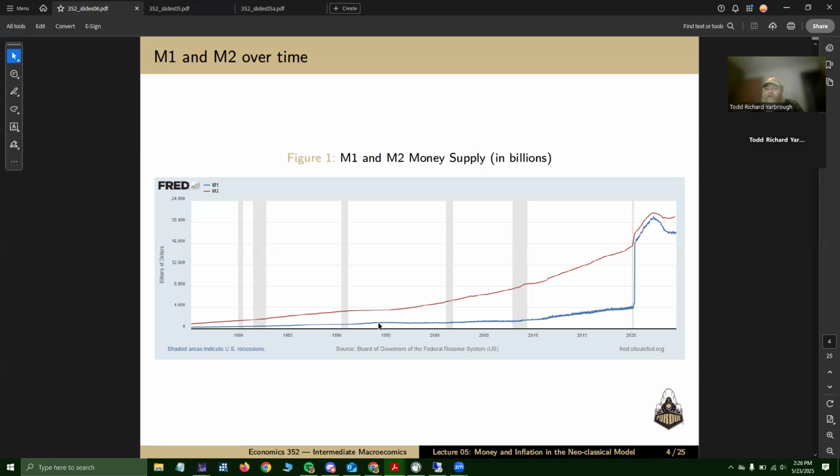Previously, it took a long time to move money from a savings account into a checking account or to get that cash. And so the redefinition of M1 to include savings accounts was a reflection in many ways of the technology that has allowed greater liquidity.